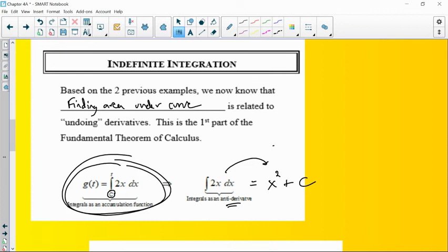It's undoing a derivative. Look at that relationship. If you take its derivative, it should be what you started with. You might ask, what happens to that c? Well, what's the derivative of a constant? It's 0. So that's what I want to make sure we put together. And then in the next video, we'll look at some examples.